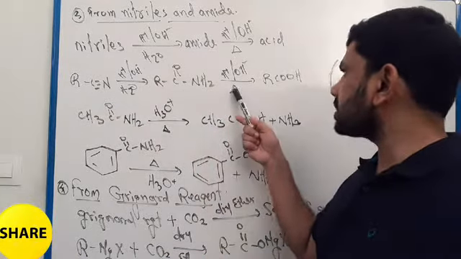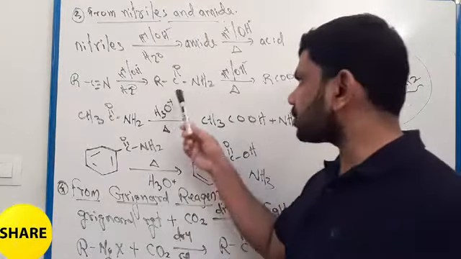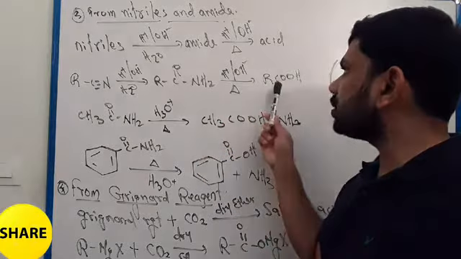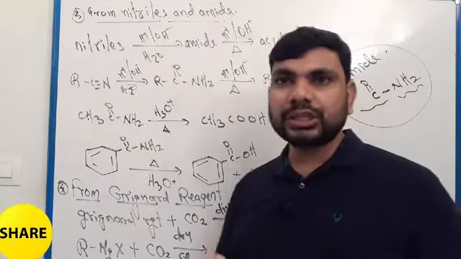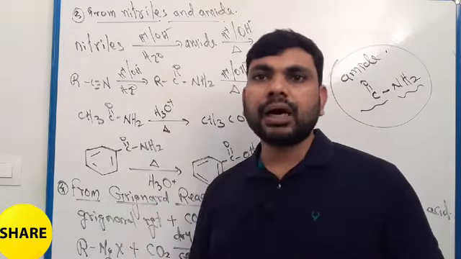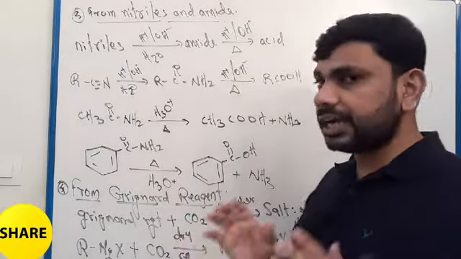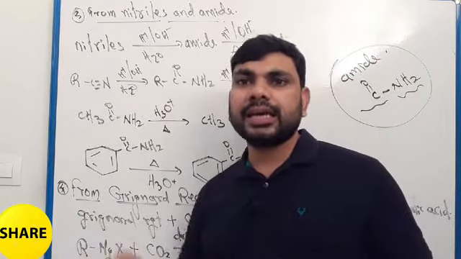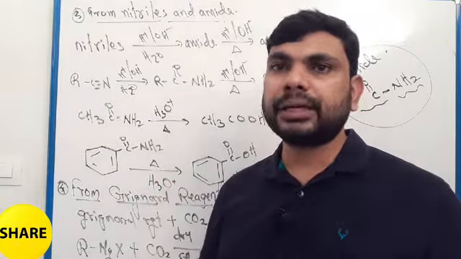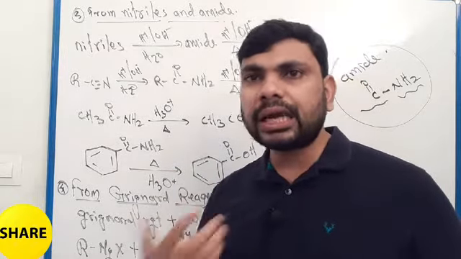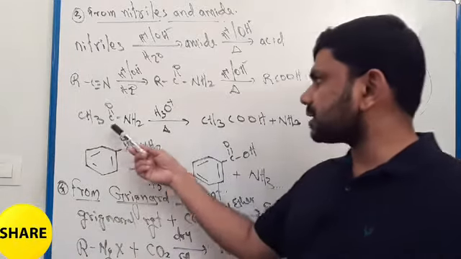Amide, on further hydrolysis, will change to carboxylic acid, and this NH2 will change to NH3 or an ammonium salt. So here we discuss nitriles: RCN. RCN after hydrolysis gives RCONH2, an amide. RCONH2 on hydrolysis again gives RCOOH.